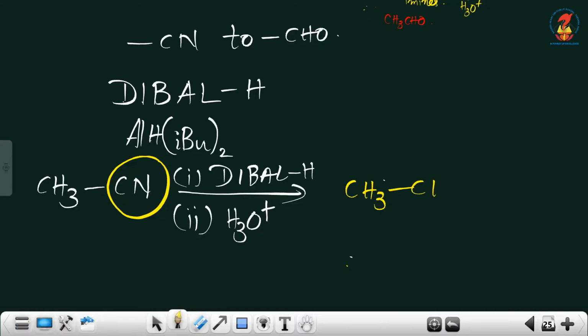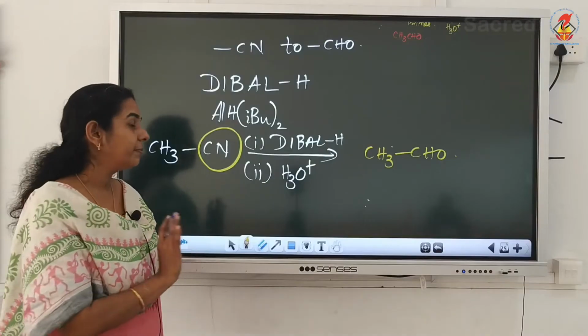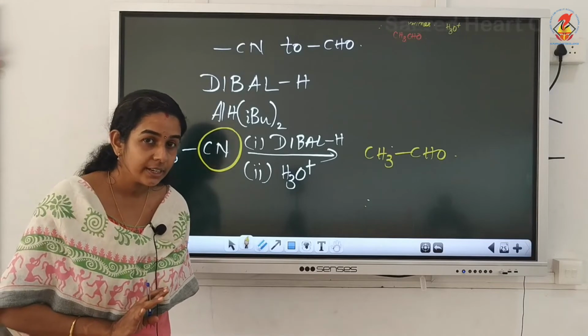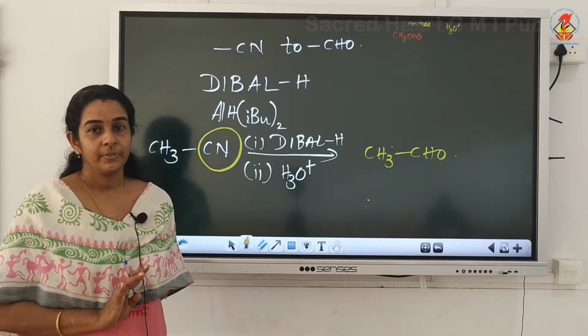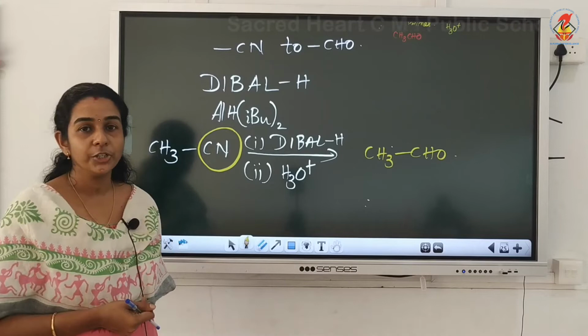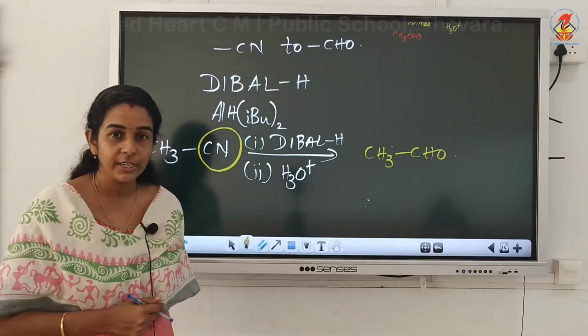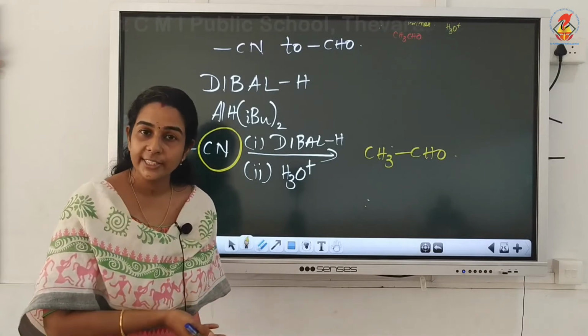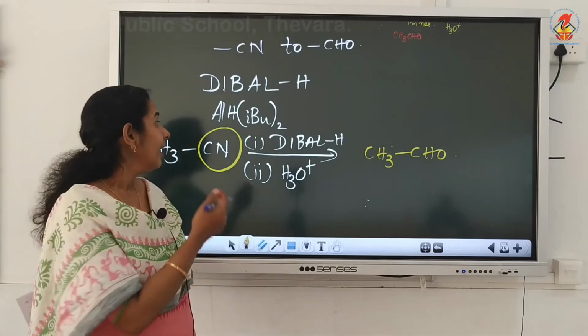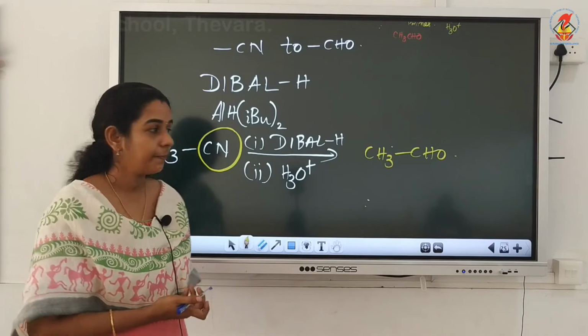So we get CH3CHO. So here also remember there will be formation of intermediate called imines. So there are 2 methods for the conversion of cyanides or CN to CHO. First one is Stephen reaction, with stannous chloride and concentrated HCl, and the other using dibal-H.